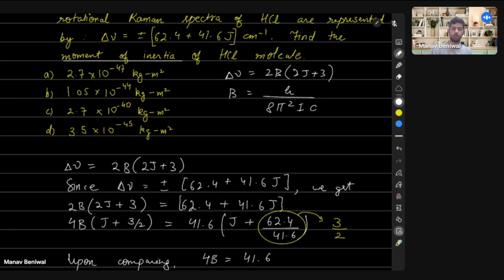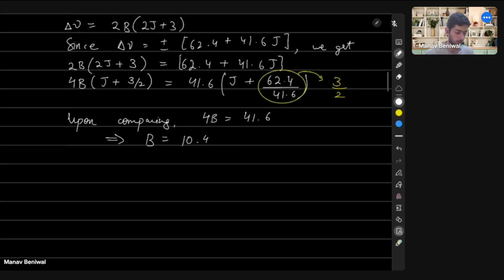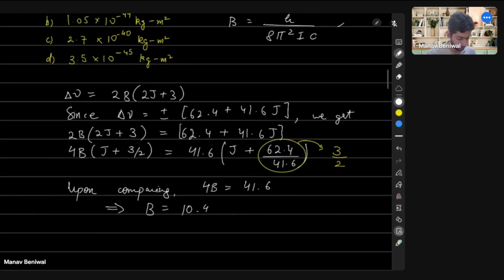So these are the two equations which we are using. Using the first, we have calculated b. Now once we know b, we'll plug it in the second equation and we'll get an equation for moment of inertia. So moment of inertia I can be written as h over 8 pi squared b times c.